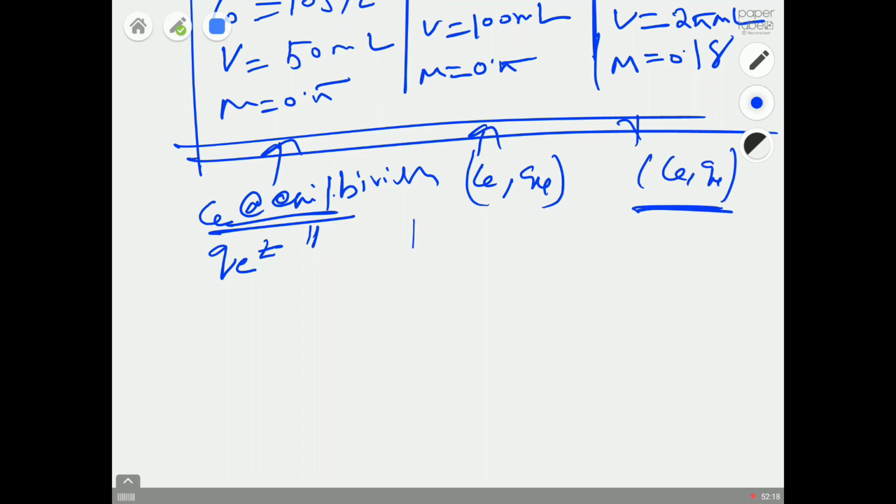All you need is to draw the equilibrium curve, identify the C0 point, draw the slope line or operating line, and then from the point where your operating line intersects your equilibrium curve, you can read your corresponding CE and QE values. I hope you can all follow this.